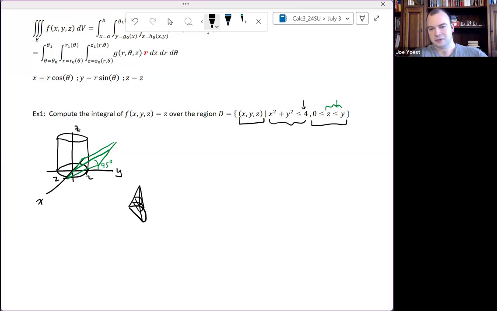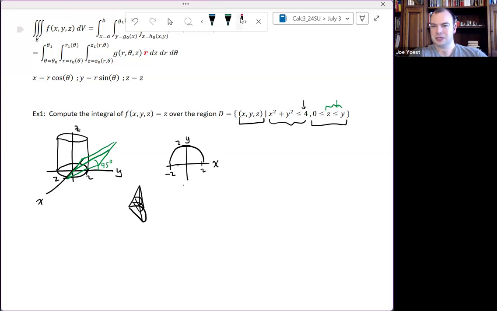And we see that in the xy plane, x goes from -2 to 2, and we're integrating over this region up here. So that's just looking straight down at that region.